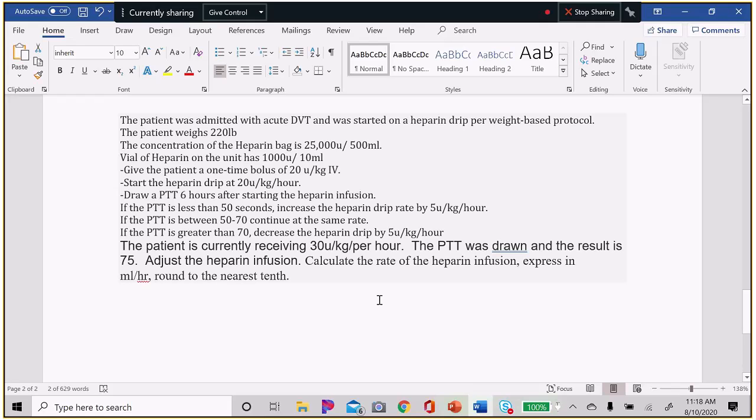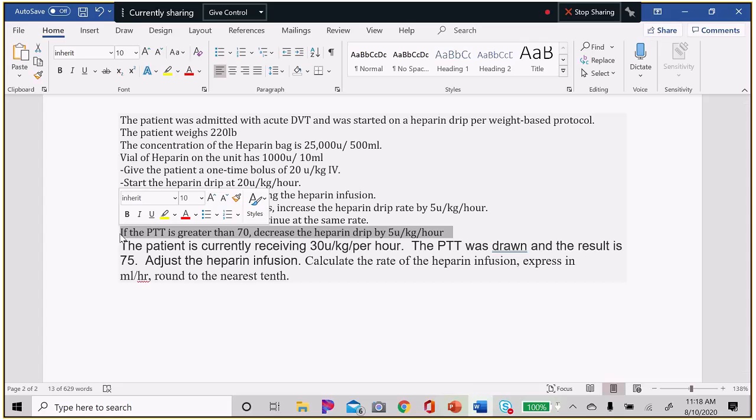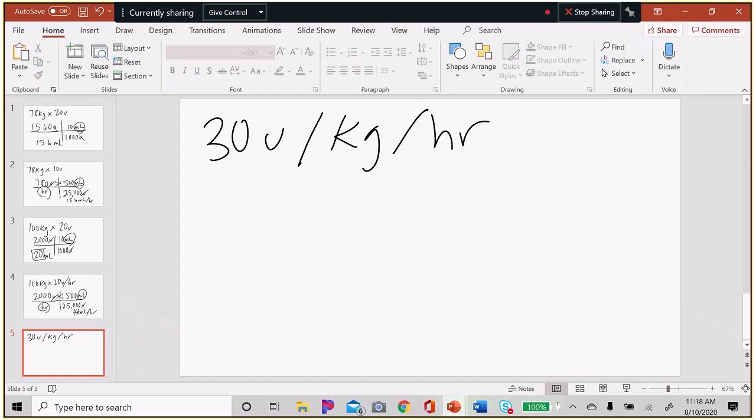And our order is that if the PTT is greater than 70, then we have to decrease the heparin drip by 5 units per kilogram per hour. And so we're at 75. So we have to decrease that by 5 units per kilogram per hour.